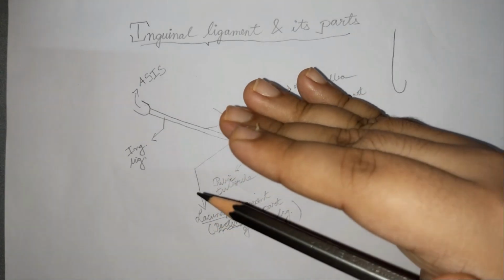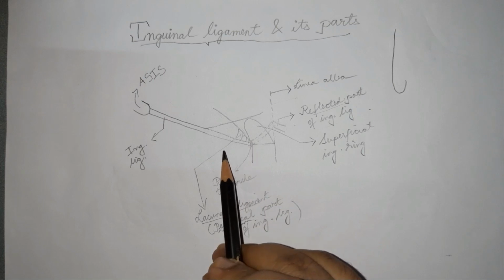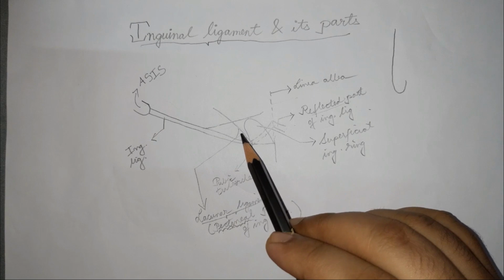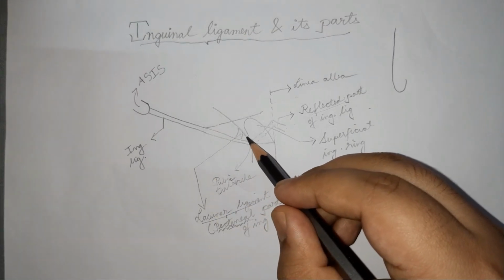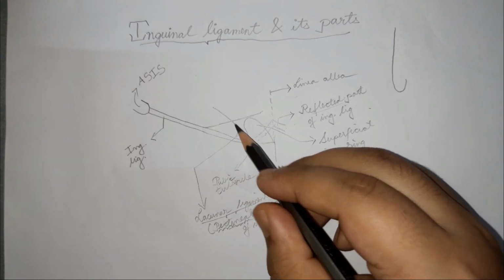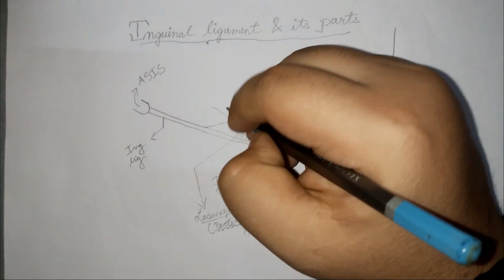And obviously, it has an anterior part attached to the medial half of the inguinal ligament and a posterior part. Oh, by the way, I forgot to mention the posterior part. The posterior part, as you can see, gives origin to another extension of the inguinal ligament.